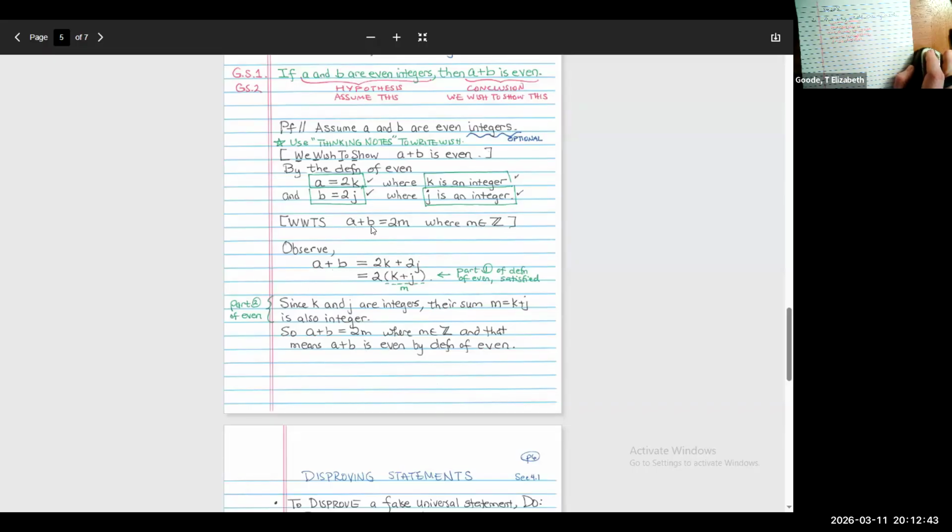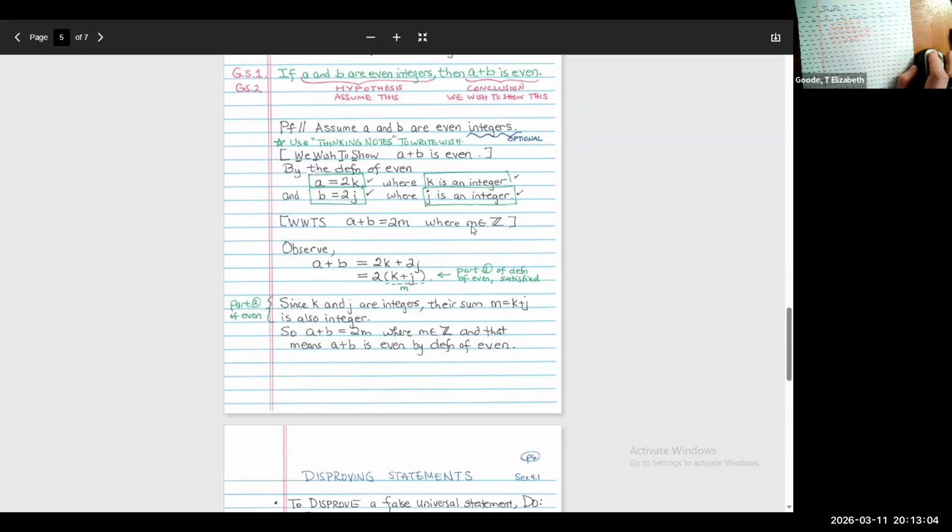So we proceed to get that done. So we look at a plus b. We use these part 1 definitions and substitute, factor out the 2, and suddenly we have a plus b equals 2 times something. That something is going to be our m.